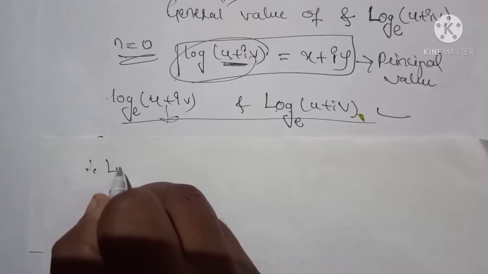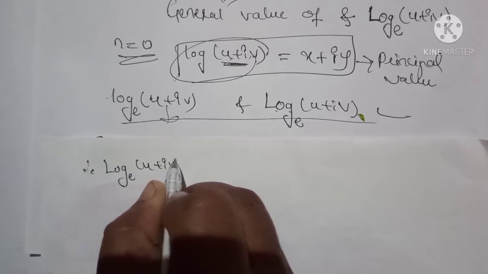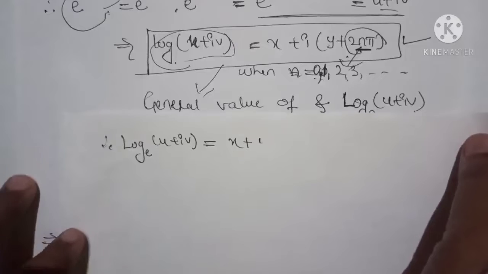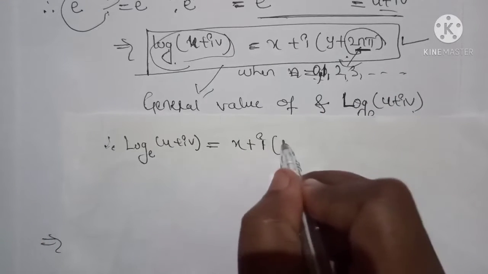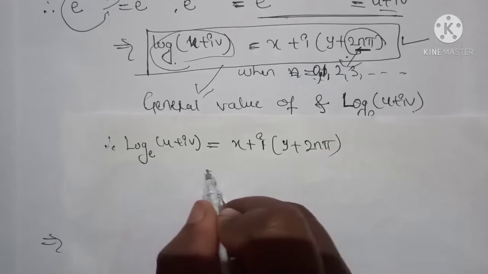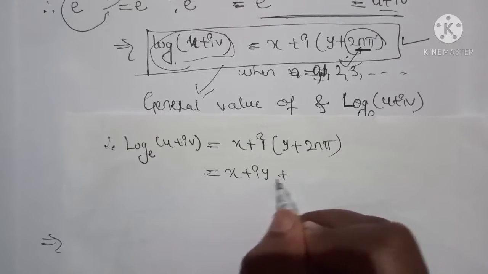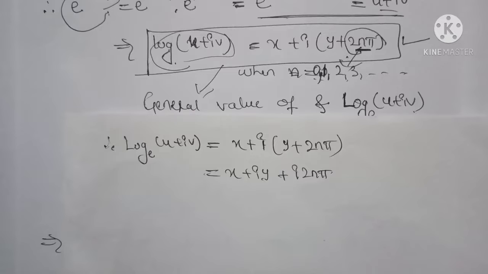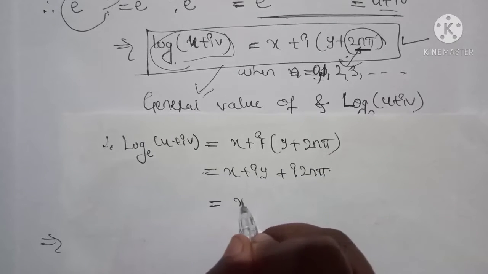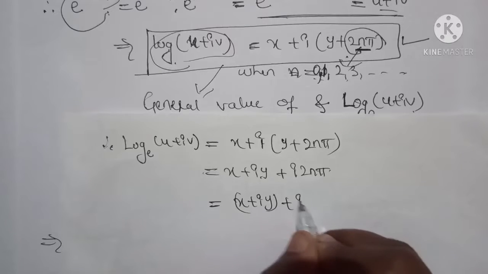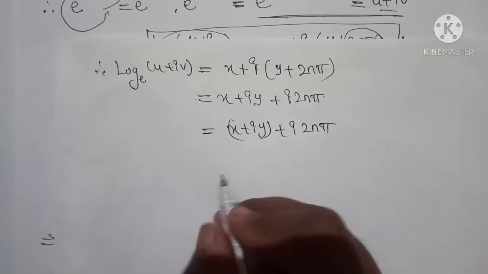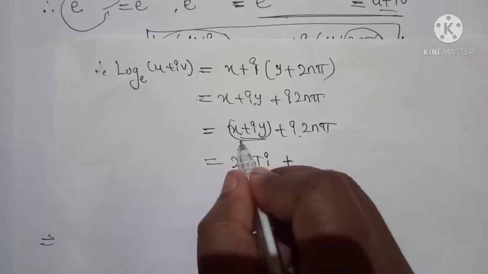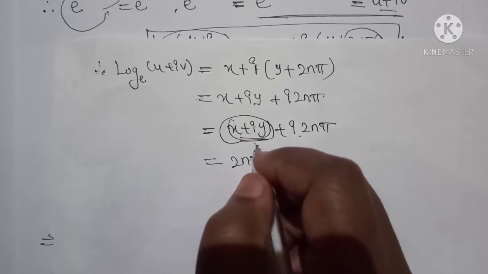Therefore, the general value of u plus iv is given by x plus iy plus 2n pi, or it may be written as x plus iy plus i 2n pi, or 2n pi i plus x plus iy, and x plus iy is nothing but log of u plus iv.